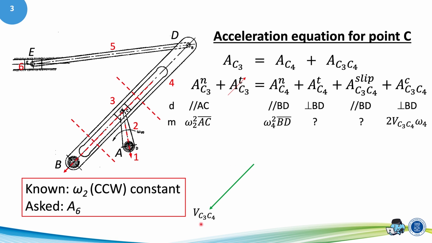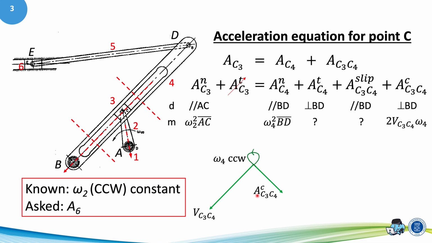This vector comes from the velocity polygon, and we know that omega 4 has the direction of counterclockwise from the velocity analysis. So at the tail of the vector VC3C4, we rotate in the counterclockwise direction, and it will become like this. So the direction of the vector AC3C4 Coriolis is going downside.